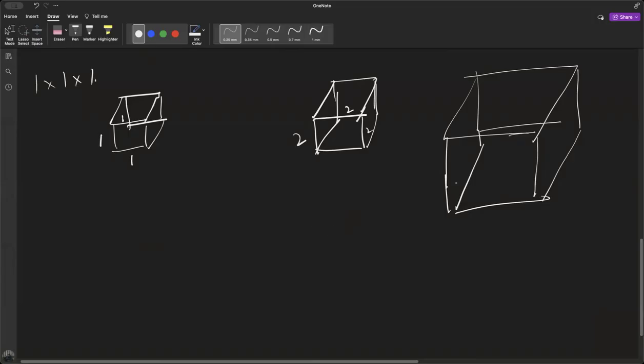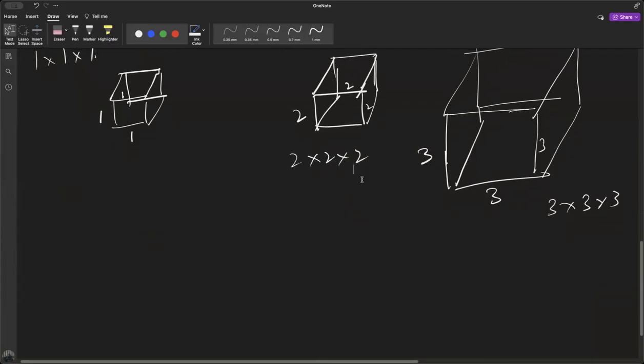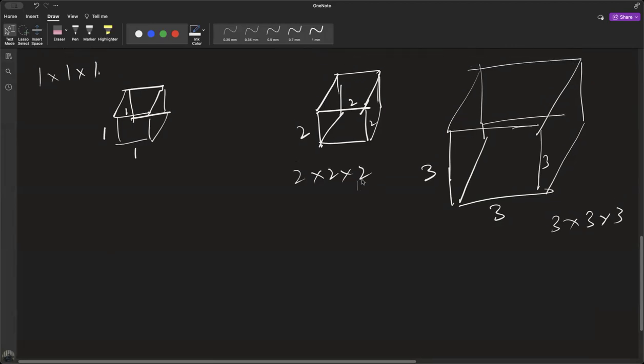And here we can make this 3 by 3 by 3. This is 3 by 3 by 3, this is 1 by 1 by 1, and this is 2 by 2 by 2. These are the dimensions of these three cubes. I'll explain it to you even further in more detail, don't worry, but let's first understand this aspect.